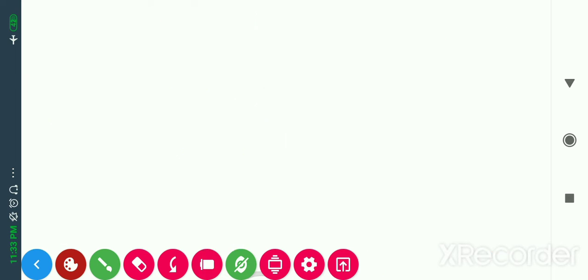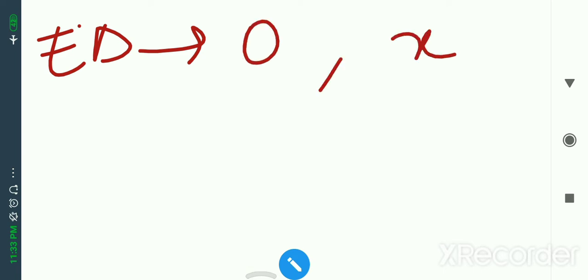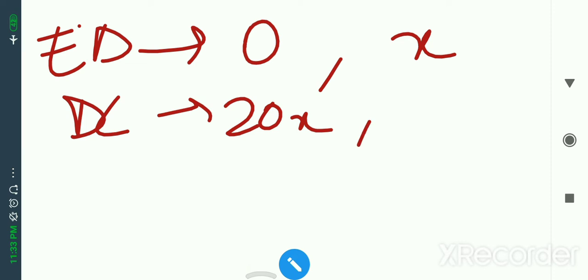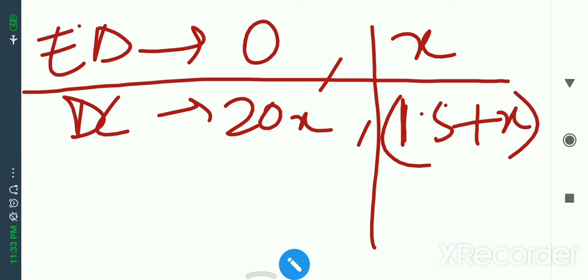So what do we get? In part ED, we get the value of capital M as 0 and small m as x. In part DC, we get the value as 20x and the value of small m is 1.5 plus x.